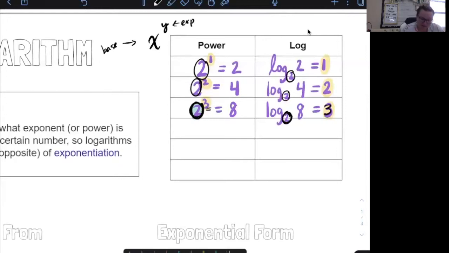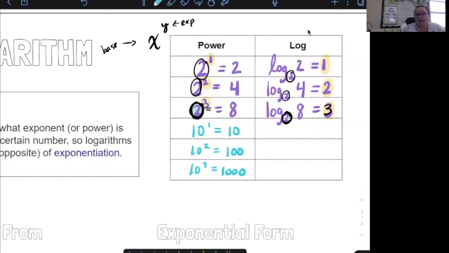So let's try it with another kind of easy to deal with power. Let's do 10 to the first, 10 to the second, and 10 to the third. So 10 to the first is 10, 10 to the second is 100, 10 to the third is 1,000.